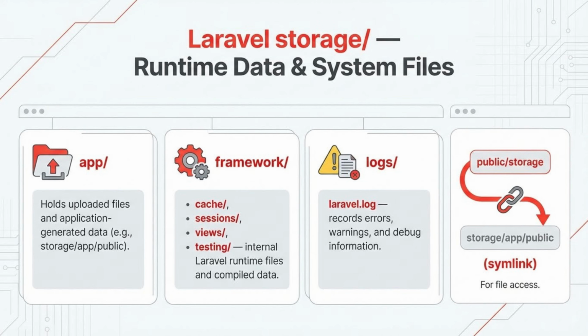The public folder accesses only what the symlink points to, while the rest of the storage remains protected. This structure ensures that your application stays secure while still allowing users to access necessary uploaded files. Overall, the storage directory acts like the private workspace where Laravel quietly manages cached data, logs, uploads, and system files to keep your application fast, reliable, and organized.